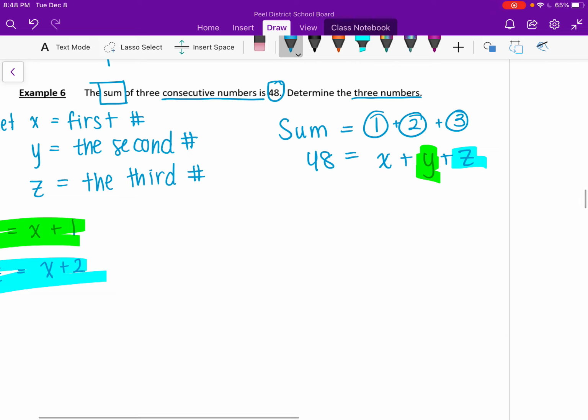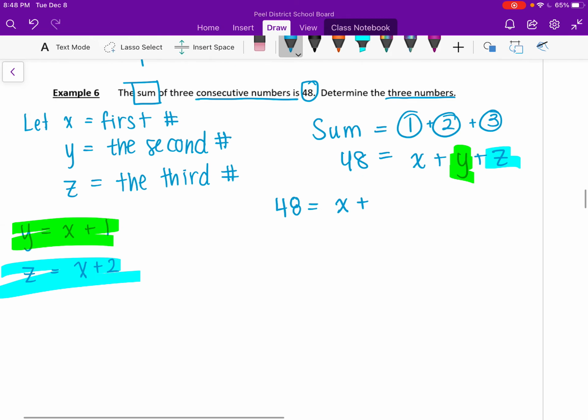So I can say 48 is equal to x plus, I'm subbing in y here, x plus 1 plus x plus 2. And now I just got to open up my brackets, simplify, and solve for x. So 48 is equal to x plus 1 plus x plus 2.